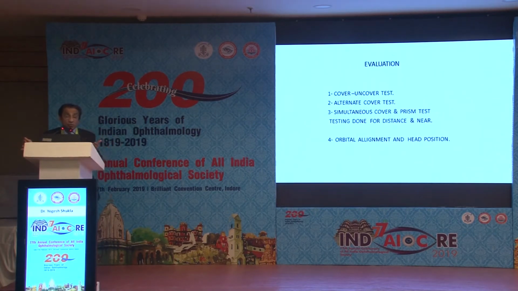If they work on computers, they get a headache after some time. Then they say, I get blurring after working for some time. So there are a lot of ocular asthenopic symptoms. When you see the patient, he is orthotropic. You see the vision, it is 6/6.